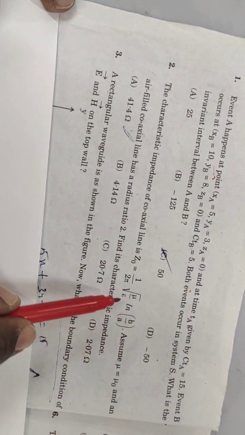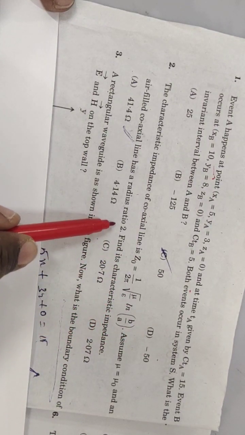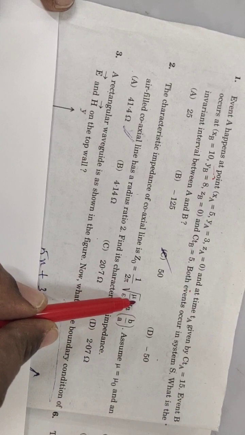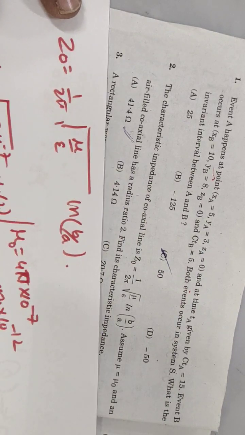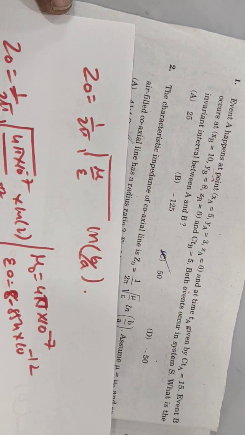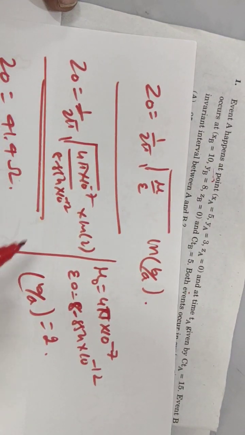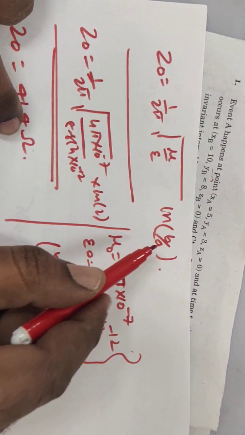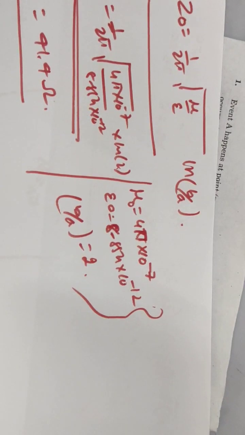In this question, only the formula is given. If you substitute the values of b by a, mu naught and epsilon naught, where b by a is the ratio given, that is 2, mu naught is the permeability and epsilon naught is the permittivity of free space, then you get Z0 is equal to 41.4 ohm.